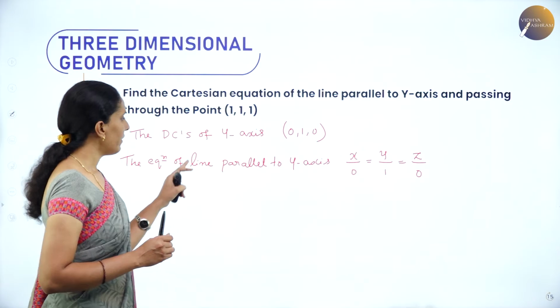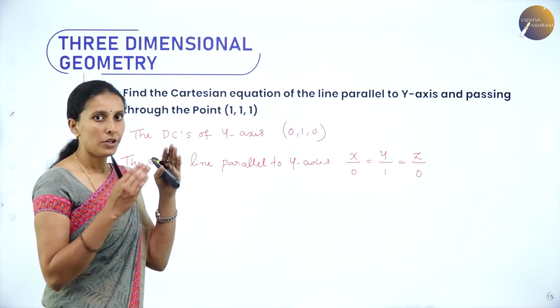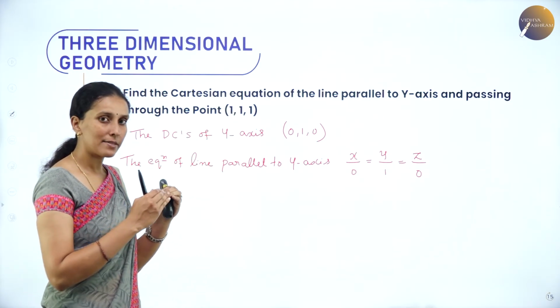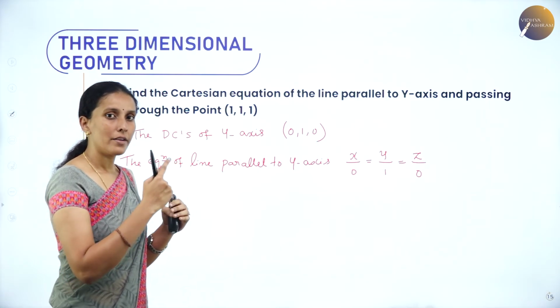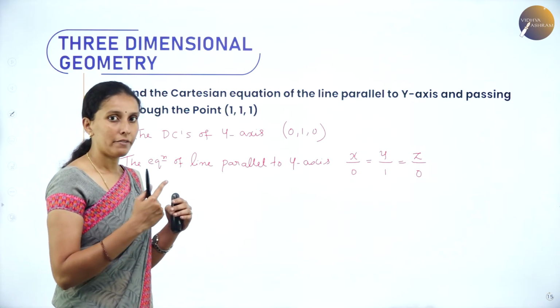Now the given line is passing through the point. So according to the Cartesian equation, it is x minus x1 by a, y minus y1 by b, z minus z1 by c.